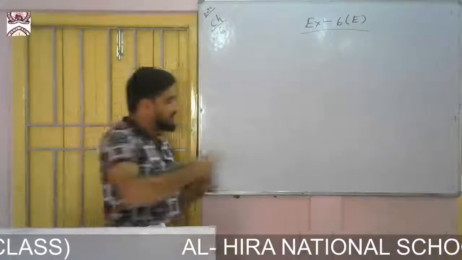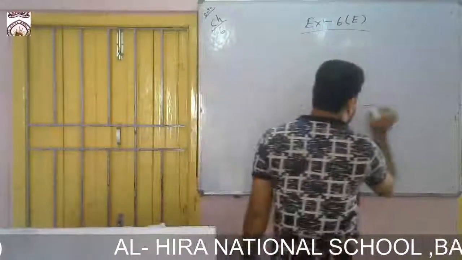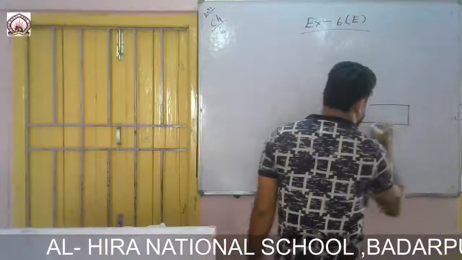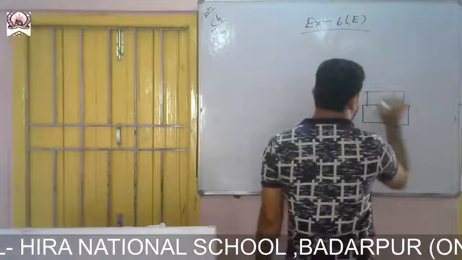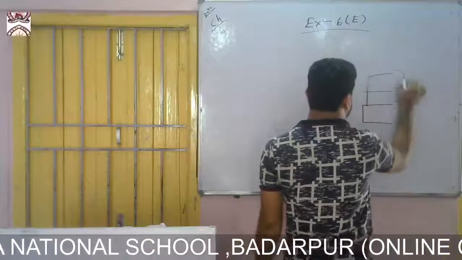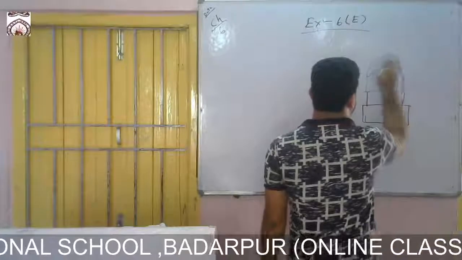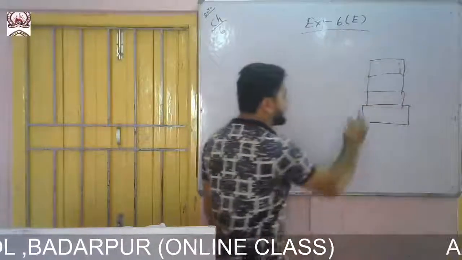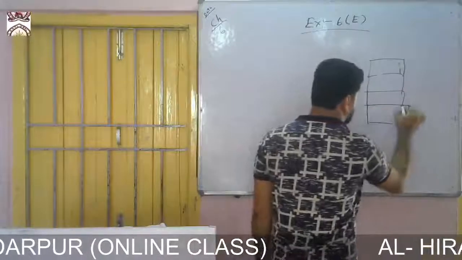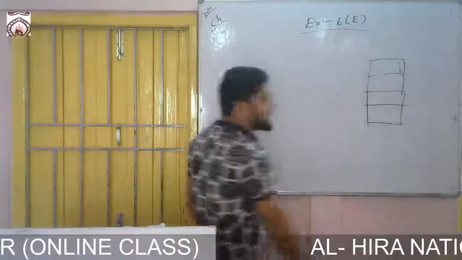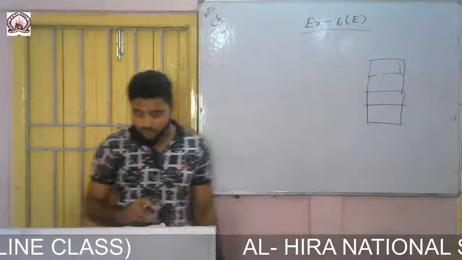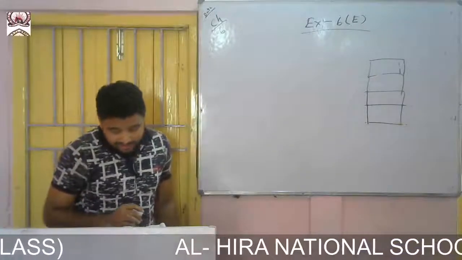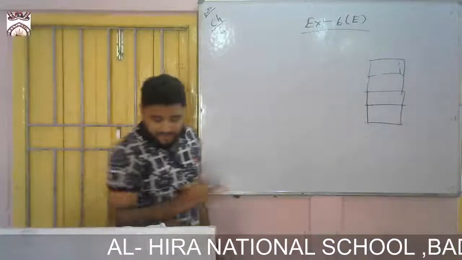Suppose these are tiles. Okay. So one is attached to another, like this. These are tiles of a floor. So Jack starts jumping to every third tile.